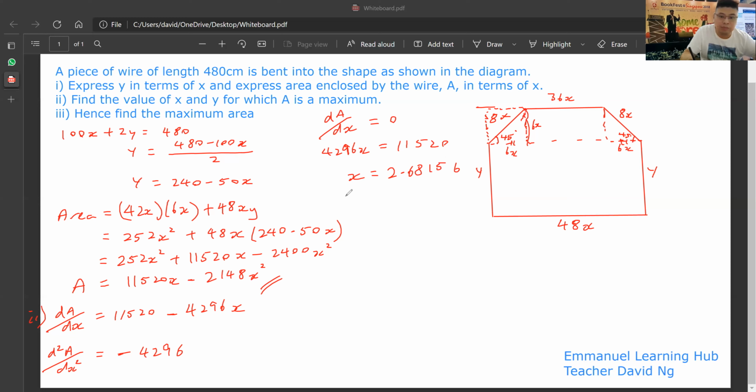That's my x. Then your y, sub it in. Y will be 240 minus 50x. 105.92.